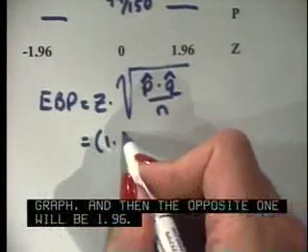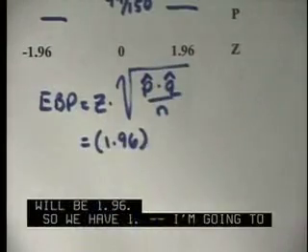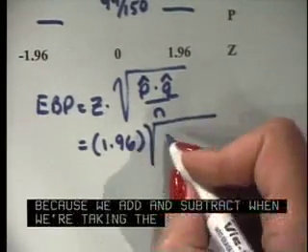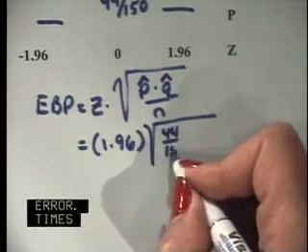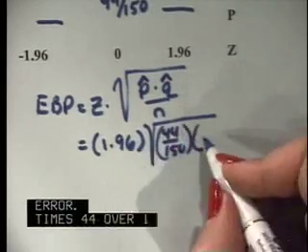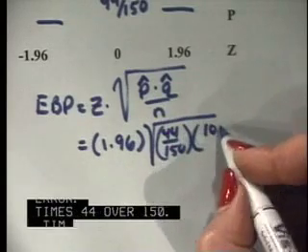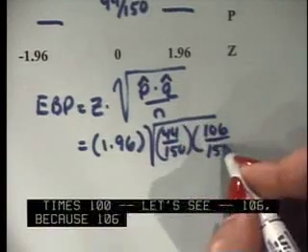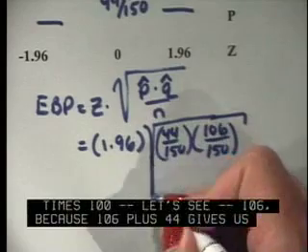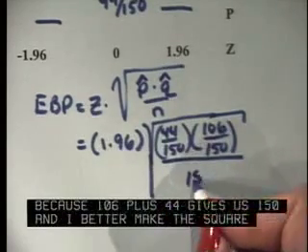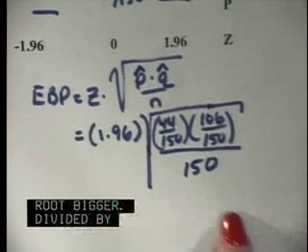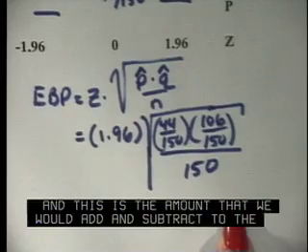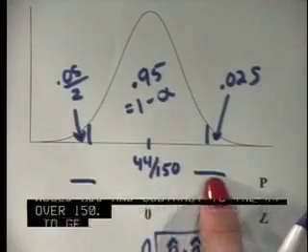I'm just going to use the positive of it because we add and subtract when we're taking the margin of error, times the square root of 44 over 150 times 106, because 106 plus 44 gives us 150, divided by 150. This is the amount that we would add and subtract to the 44 over 150 to get the bottom value right here and the top value.